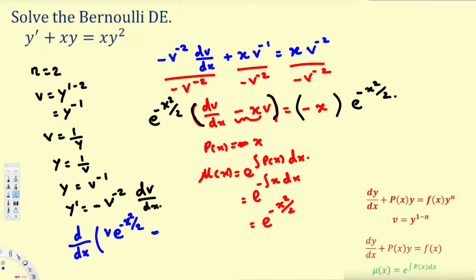And the other side we are going to have x e^(-x²/2) v, and in the other side of the equation, that is going to be equivalent to minus x e^(-x²/2).